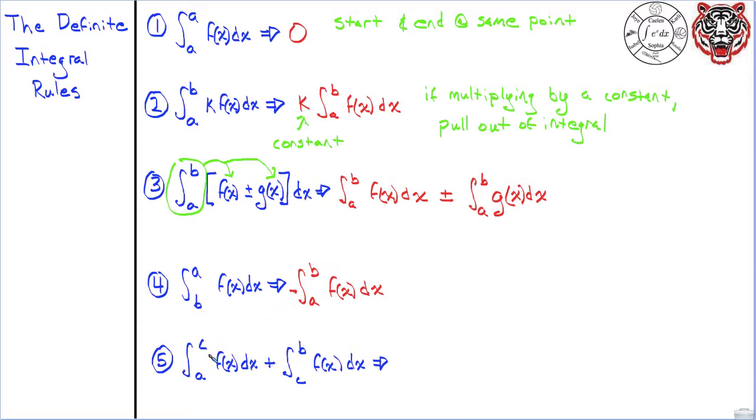All right, and then 5. This is going to be the one that trips up most of us for the homework. If you're getting messed up over and over again, and it's a really hard one, it's probably rule 5. I just took a look at the homework, and there are 3 of them that are kind of hard using rule 5. The main thing here is if I'm going from A to C, and then from that same C to B, I'm really saying I'm going all the way from A to B. C would be like our suspect point from our last lesson.